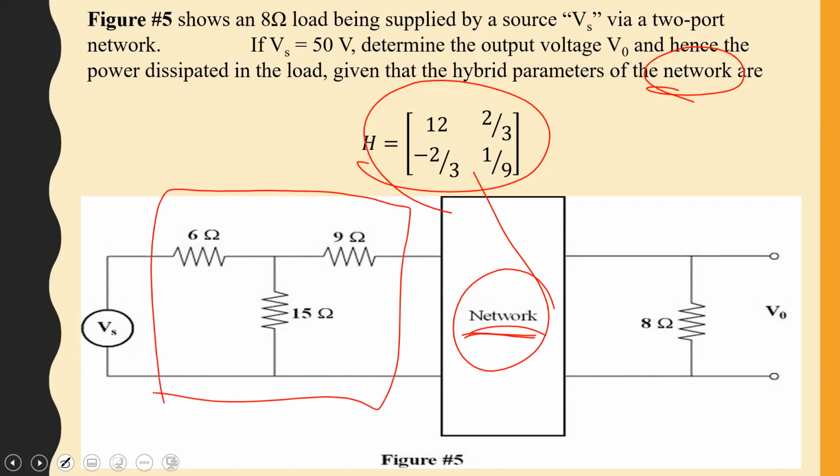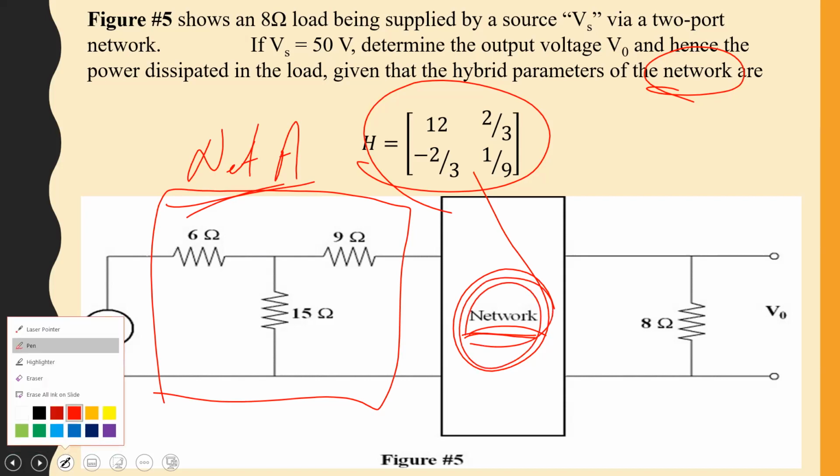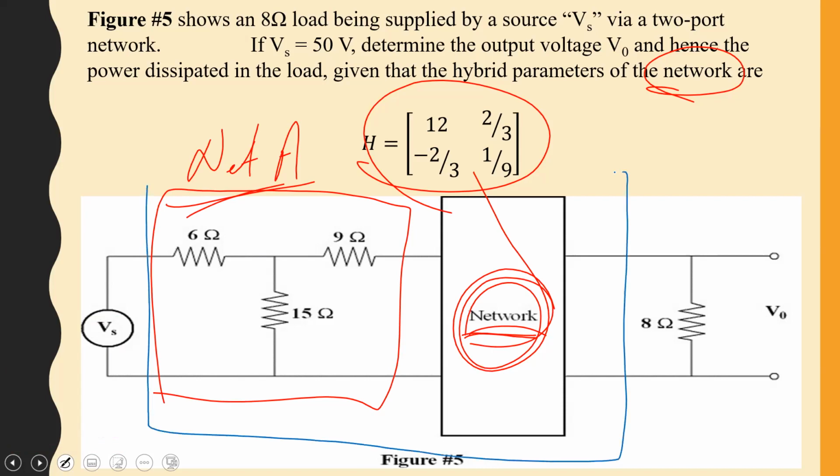These three resistors, if you consider them a single network, then you could give them a name, A. But this network A and our network here are connected in cascade. So what you're interested in finding are parameters that would describe what I will call C. So let's call that B. So you want parameters for network C, which is a combination of A and B.